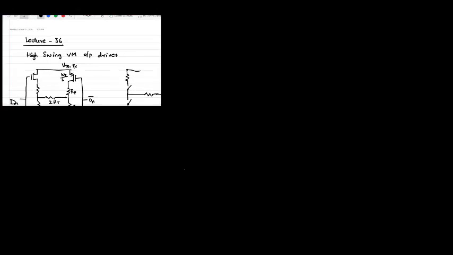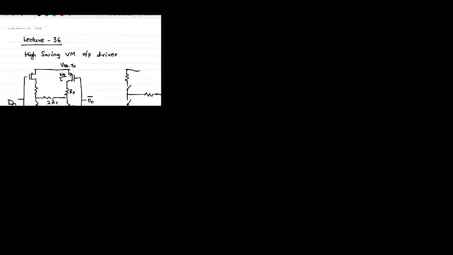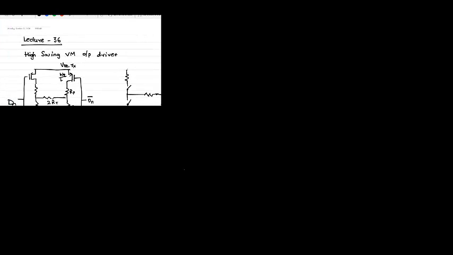So this is the same as VDD Tx. Since I am making this an ideal switch that has a resistance of 0, this is equal to RT, 2 times RT, and the node potentials are VOP and VON.